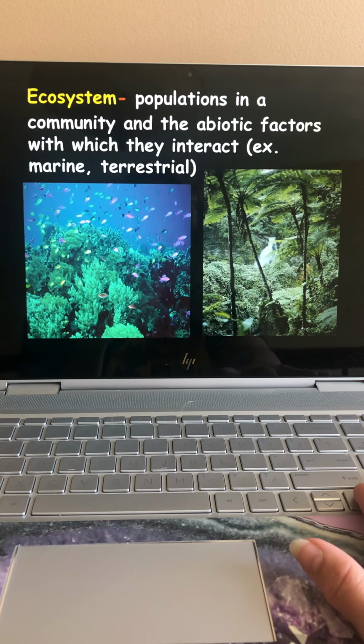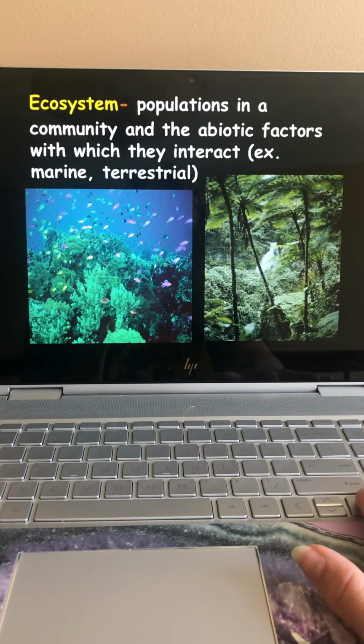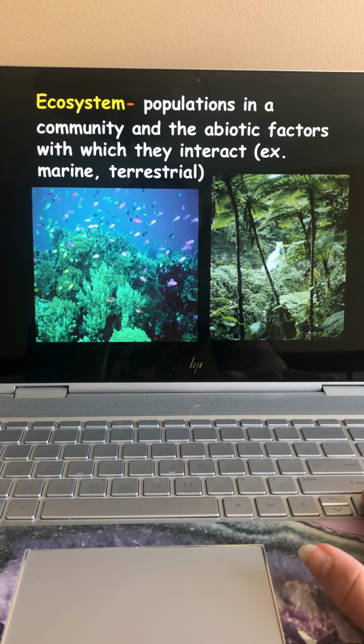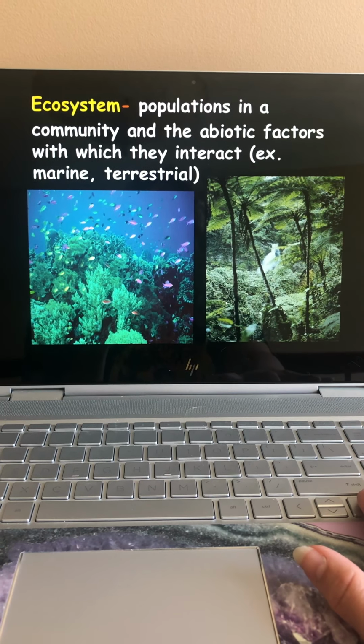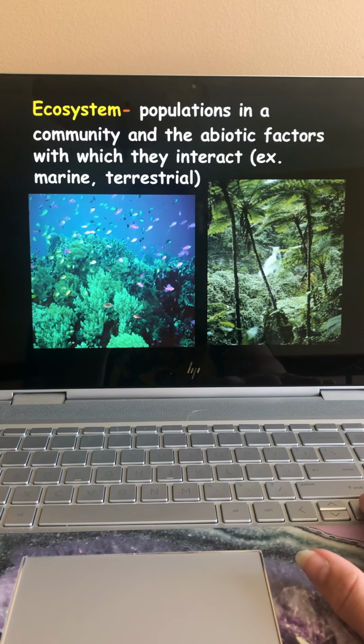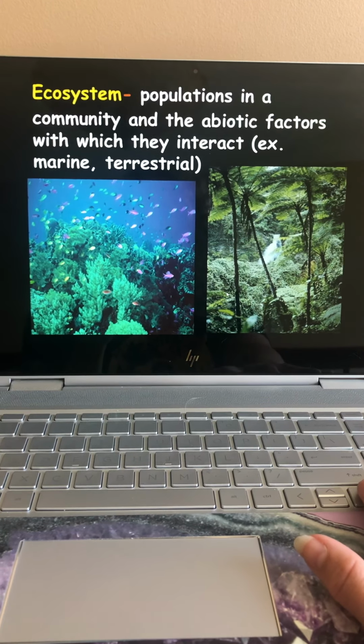Water is essential for our life. It's in our foods. We bathe with it, and so it's essential for life. And we know that even just being on land, there's the soil that helps with the plants, that helps to give us food. And so we really can't live without that non-living part of our environment.